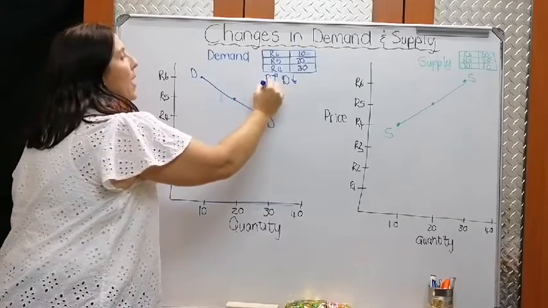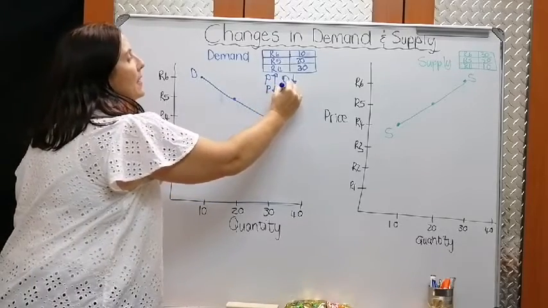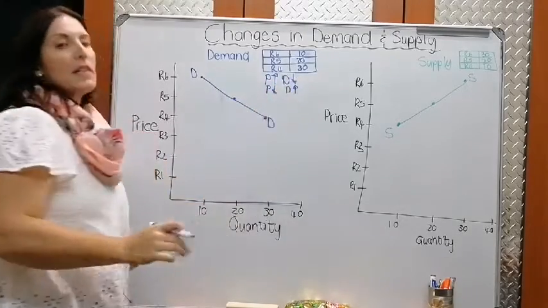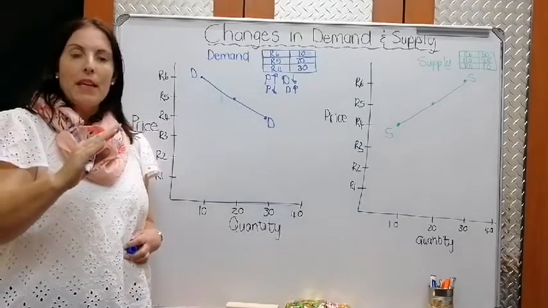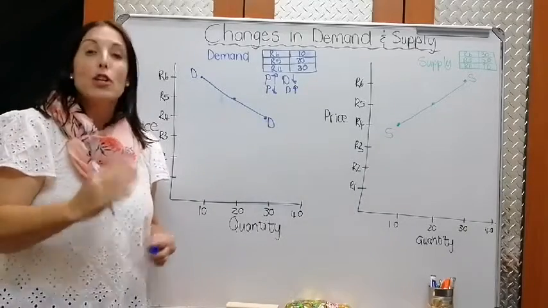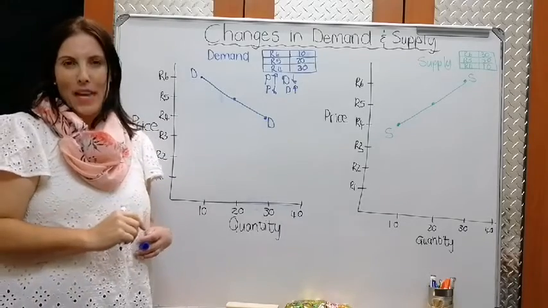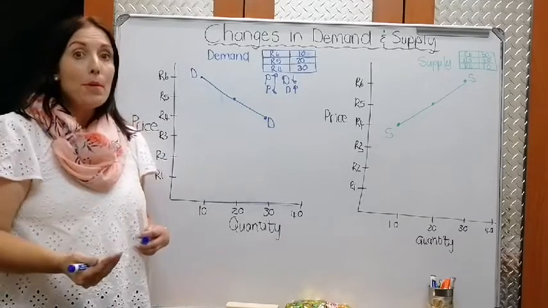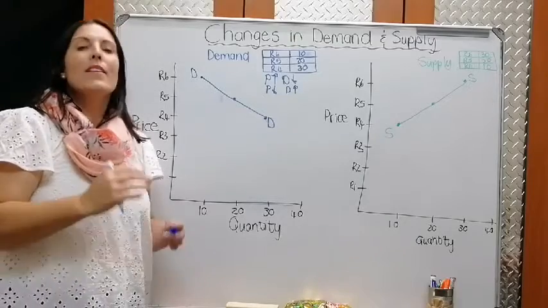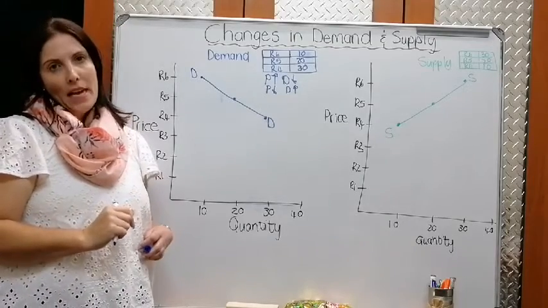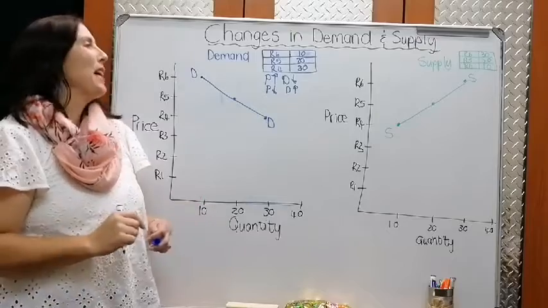Other way, if price goes down, then demand will go up. So the more expensive something is, the less usually the client or consumer would demand of that specific product. The cheaper the product is, the more the client would demand of that product or service for that matter.